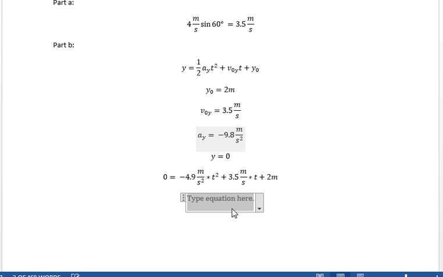Okay, and so the answer is t equals minus b, which is 3.5 meters per second.